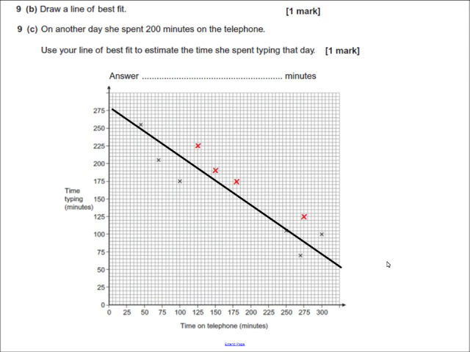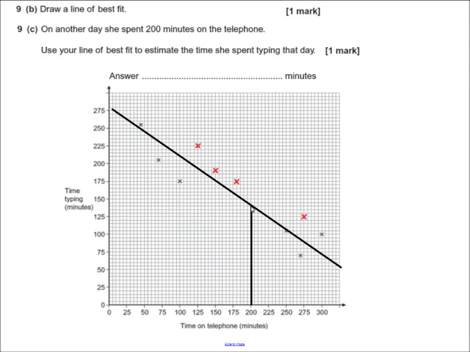So question 9c, it always happens, is that they want to look at if she spends 200 minutes on the telephone, using our line of best fit, how much time do we think she would spend typing on that day? So we need to go to the 200 on the telephone and draw a line from 200 up until it hits our line of best fit.